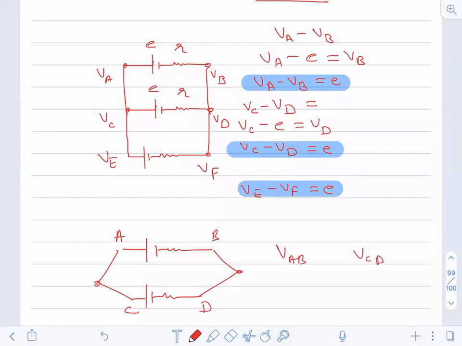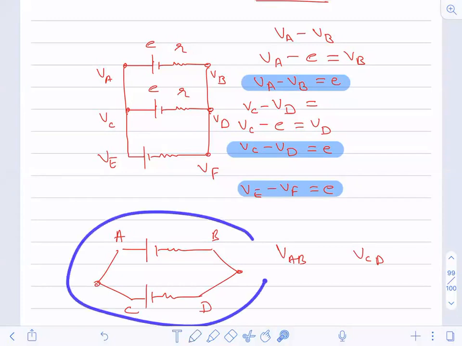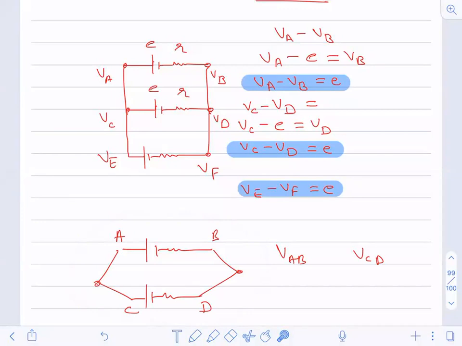For this circuit shown here, what is the potential difference across AB and CD? Are they same? Are they different? Is it having same value or are they having different values? Yes, they are having same values. Good.